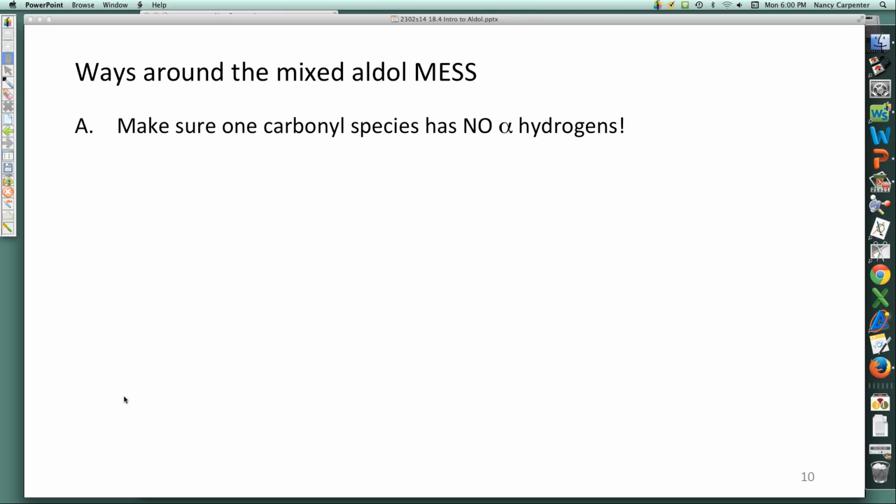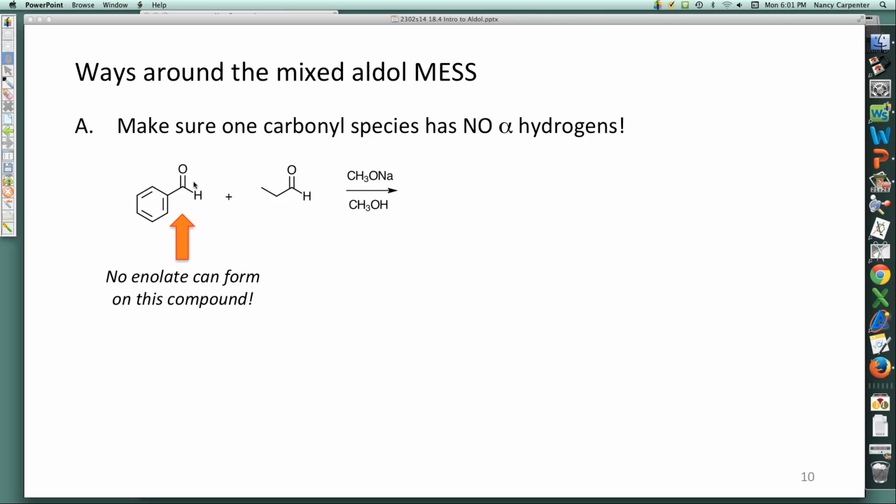First off, the easiest way is to make sure that one of the two things you're trying to make can't be turned into an enolate. So for example, benzaldehyde plus propanal, that ought to work, because it doesn't matter how much base I throw in, there's no alpha hydrogens on this guy.